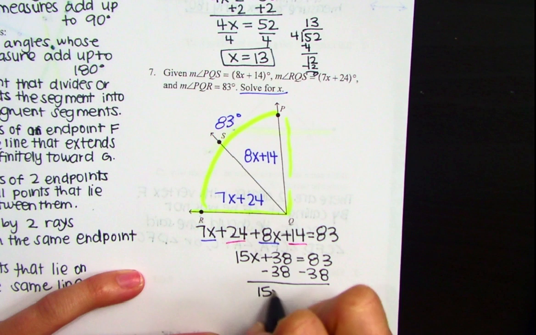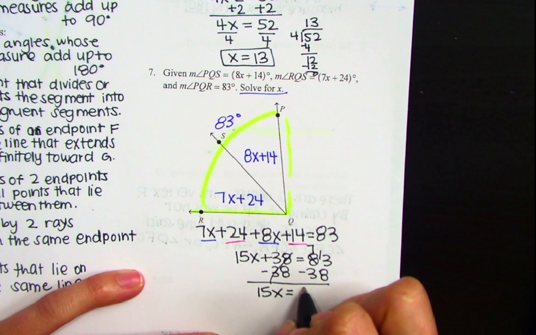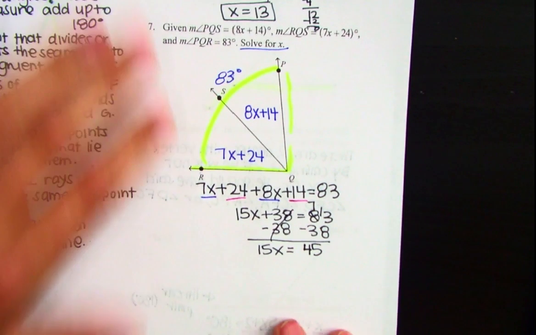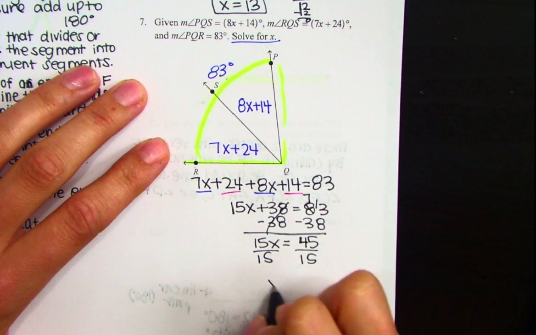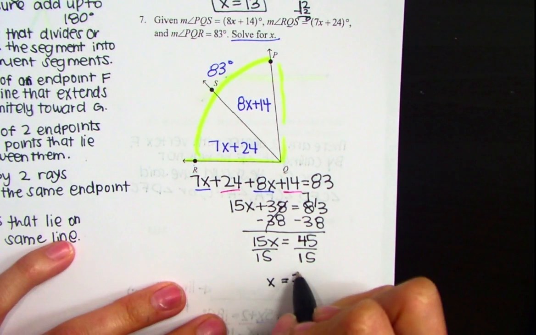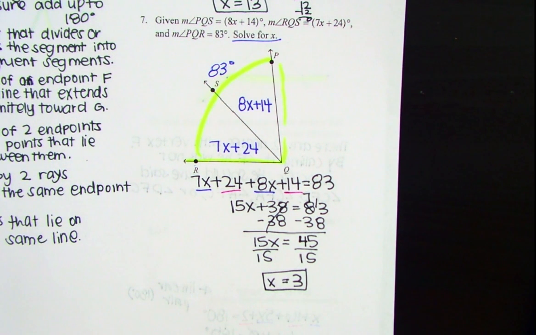And I get 15x is equal to 45. And then I'm going to divide by 15. 45 divided by 15 is 3. So x is equal to 3.